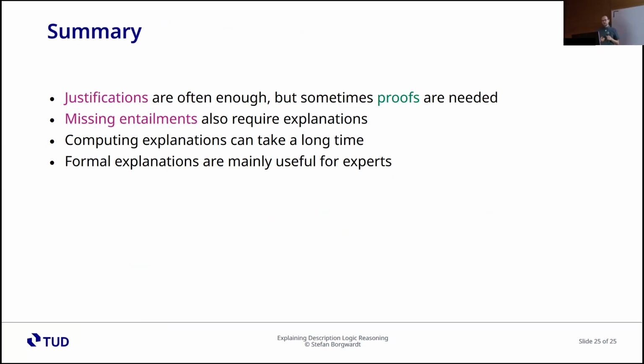On the other hand, if there's some entailment that is missing, so that you expect it to hold but doesn't follow from your ontology, then these missing entailments also require explanations, and there are also techniques to deal with that. Unfortunately, some of these techniques can also take very long. So if you really want to have a detailed proof and don't have an efficient consequence-based procedure for your logic, for example, then of course it can also take much longer than just computing the justifications.